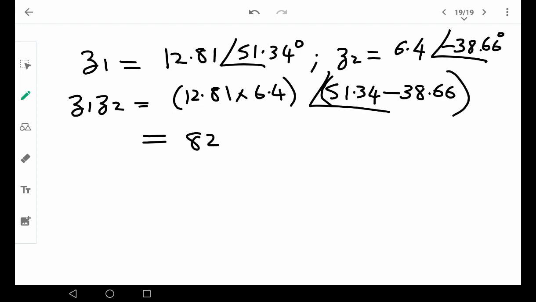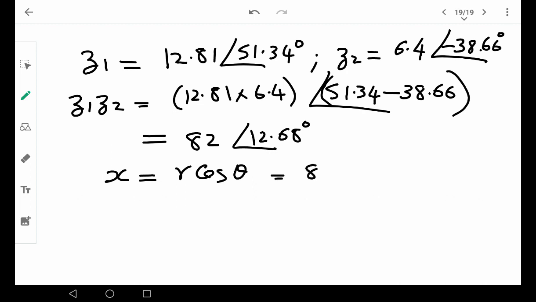So it will be 82 angle 12.68 degrees, okay. Now if you want to convert this into rectangular, you can write the x value equal to r cos theta, or phi. So you can write it as 82 cos 12.68, okay.